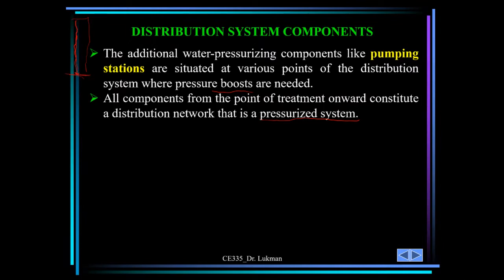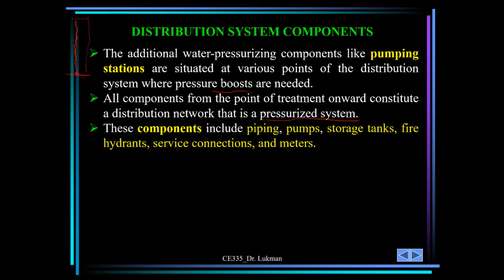Don't forget, we mentioned that for the sewer distribution network, we use open channel. We can as well use pipes, but the pipes do not flow full. And if they don't flow full, it means they are treated as open channel flows. Okay, don't forget this. And these components include piping, pumps, storage tanks, fire hydrants for fighting fire, service connections, and meters.